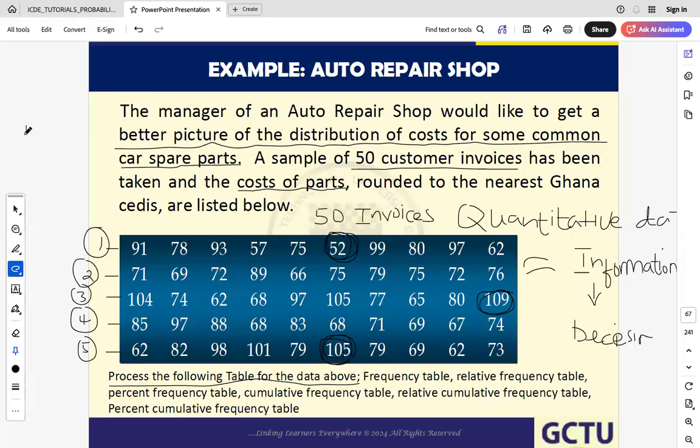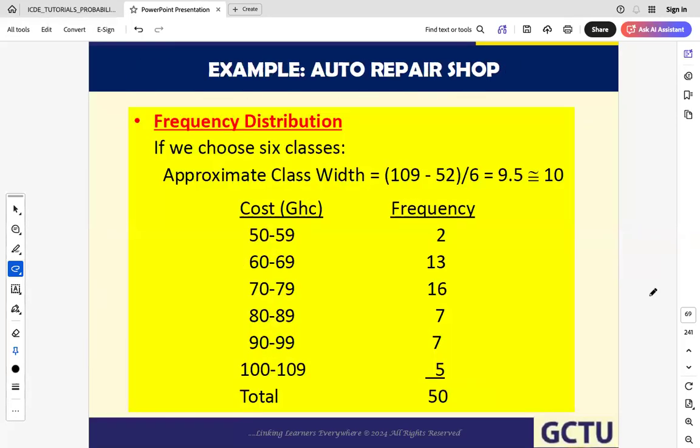So it means that once you are in your 50s, you start in your 50s, 50 to 59, and then you continue 60 to 69, 70 to 79, with the idea that you move until you get to the highest, 109, and then you stop. So that is how it was done here: 50 to 59, 60 to 69, 70 to 79, 80 to 89, 90 to 99, 100 to 109.